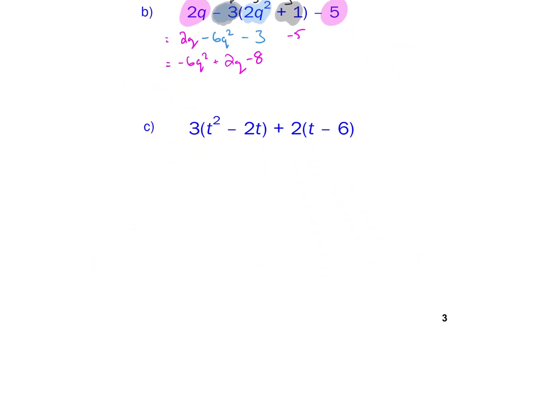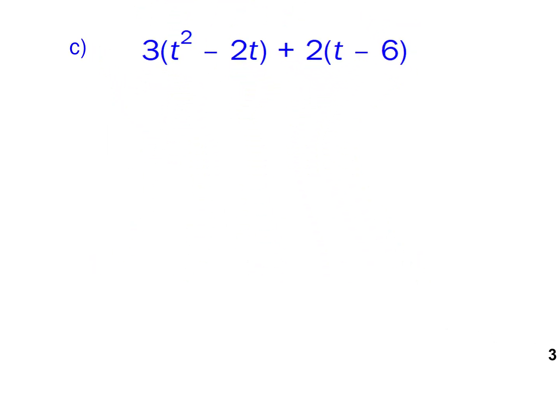Last question here. Here we go. This is like the last question of the last lesson. We have 2 products. And again, what we can do is do the multiplication of both. So we'll just go ahead. What's 3 times t squared? 3t squared.